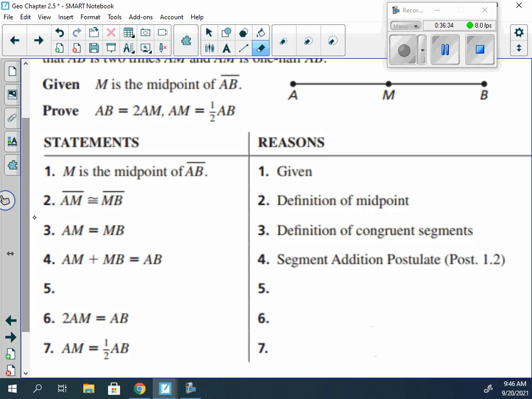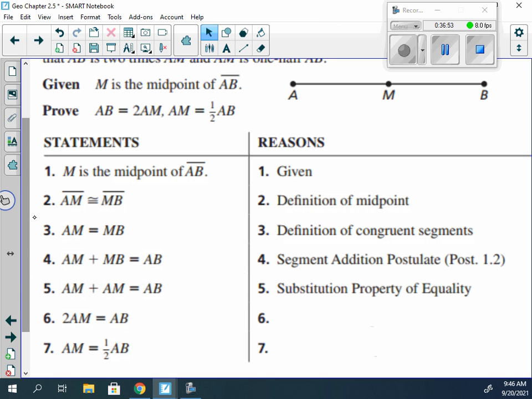So can I replace MB with AM? Well, yes. And we could say that AM plus AM equals AB. Well, what did we do? We substituted AM for MB because we said that they were equal, so I can substitute one in for the other.